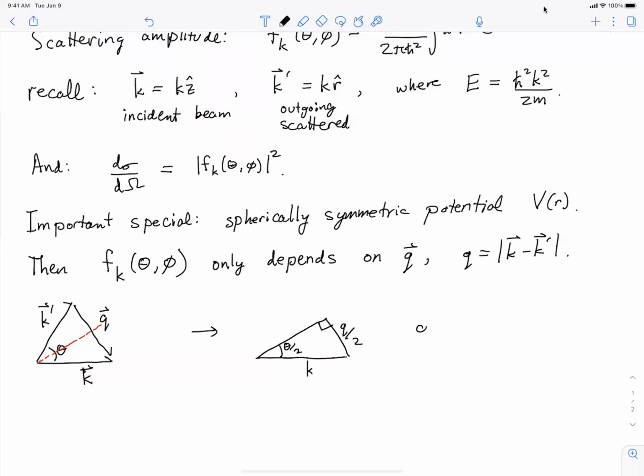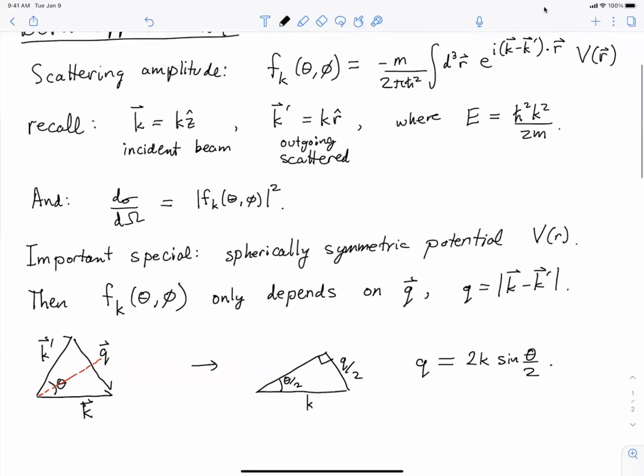And so q, the magnitude of q, is just equal to 2 times k times the sine of theta over 2, just from geometry. So when we compute this differential cross-section, if it's a spherically symmetric potential, that's the only combination it can depend on, because that's the magnitude of this. And there's no dependence on angles because this is spherically symmetric.